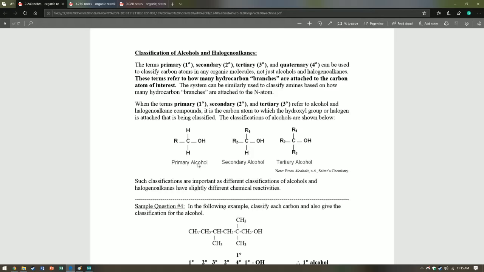That term refers to how many hydrocarbon branches are attached to a carbon. One hydrocarbon branch is primary, two is secondary, three is tertiary. Basically, the degree asks how many other hydrocarbon chains are attached to this carbon.